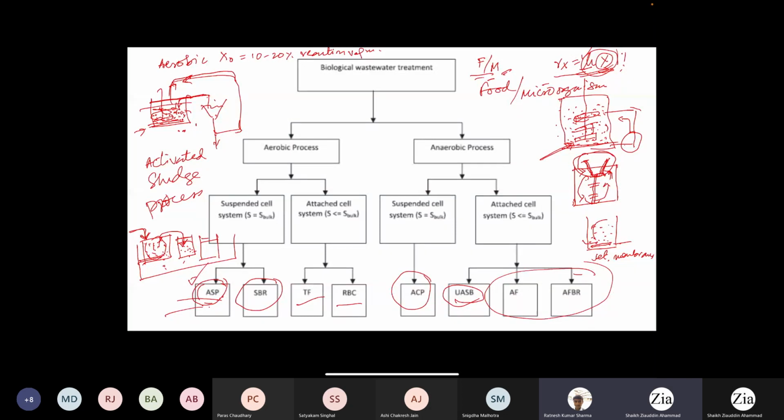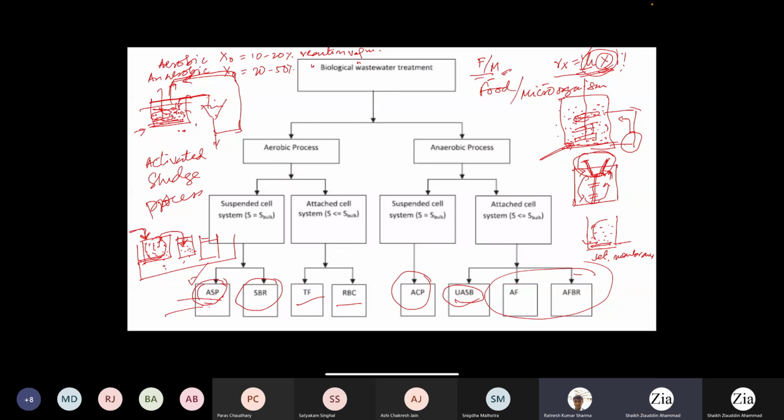Whereas for anaerobic, the initial biomass concentration will be 20 to 50% of total reaction volume. So you can see the difference. For aerobic you need a little less initial inoculum, whereas in anaerobic you need a higher concentration, because the requirement of biomass concentration is more in suspended cell systems.